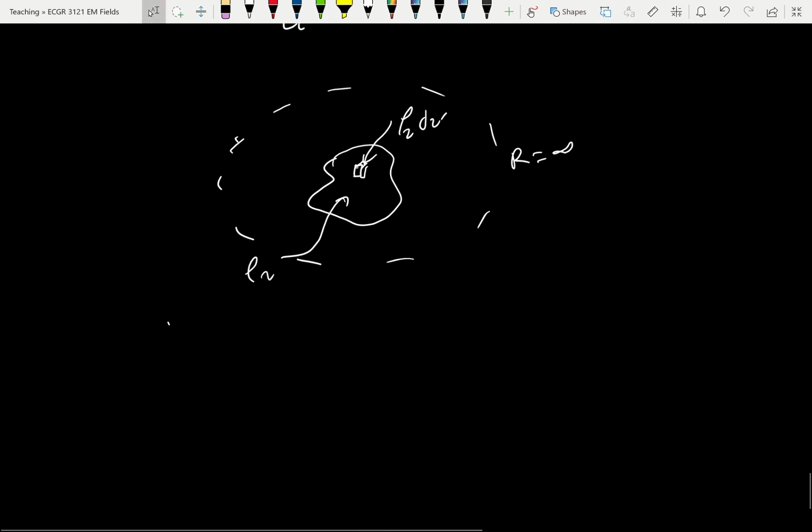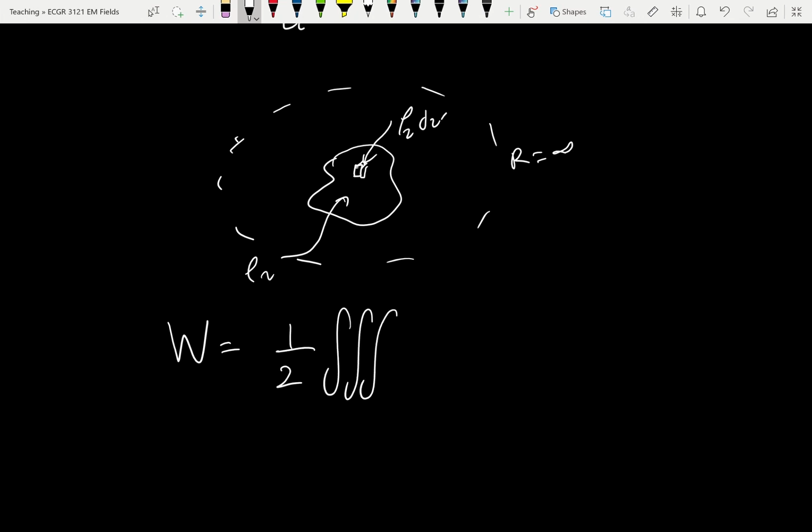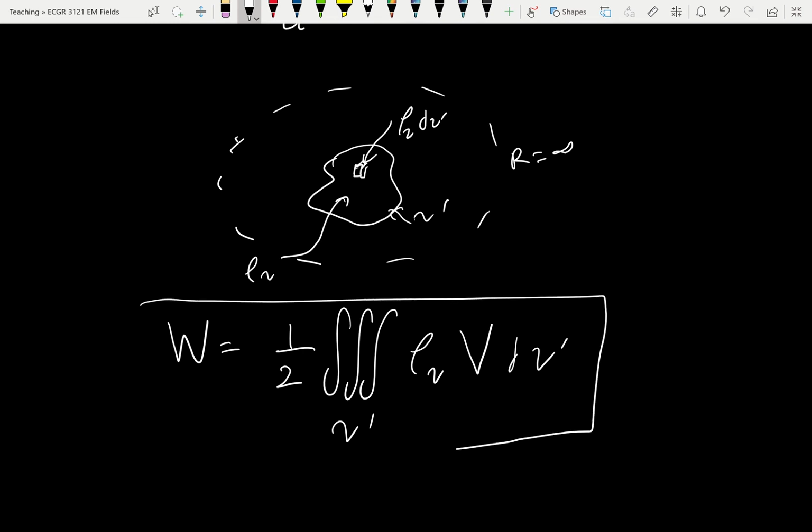So the formula for the energy is now half, and instead of the summation, I have a volume integral over the whole volume V prime of rho V dV prime. Rho V dV prime gives me the charge times the voltage at the point. Okay, this is now the energy.